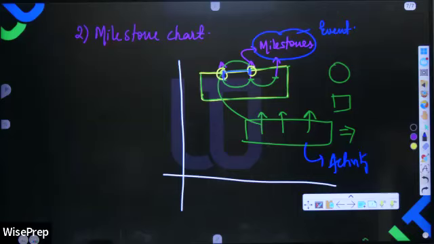Note: bar chart is activity oriented, while milestone chart is event oriented.